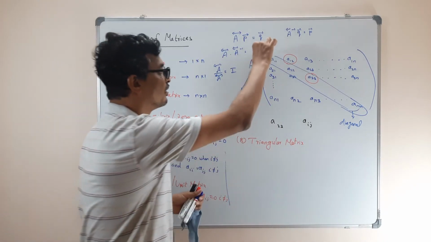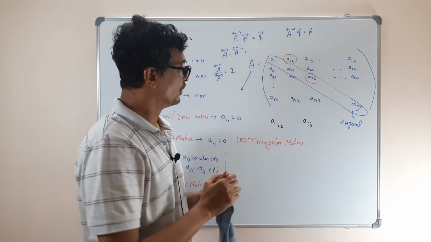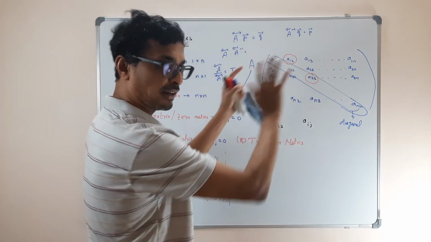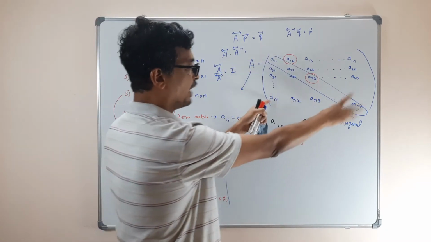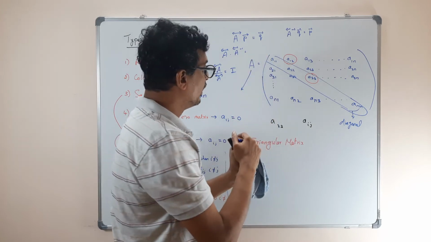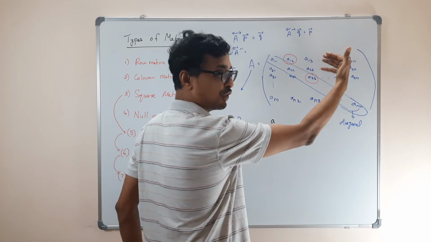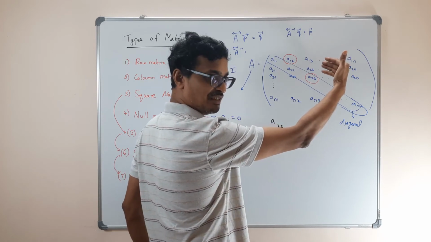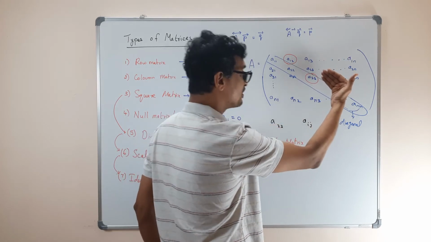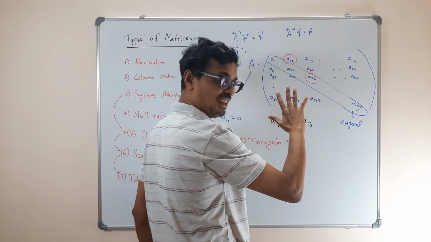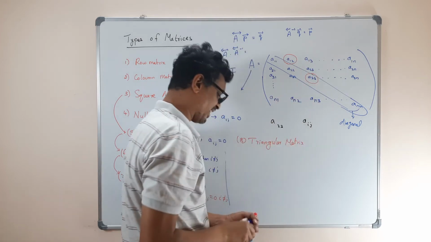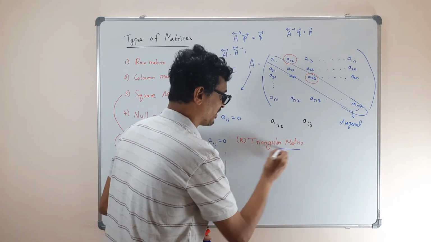Because all the diagonal elements will fall on this line. So now this is a square matrix of n by n, let us assume. If all the elements above the diagonal are 0, or all the elements below the diagonal are 0, then you call that matrix a triangular matrix.